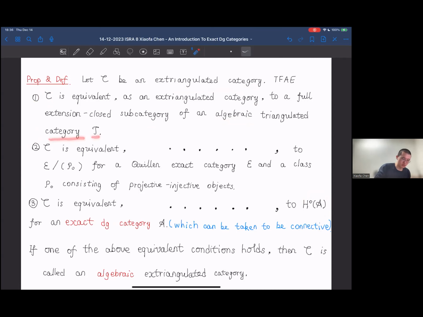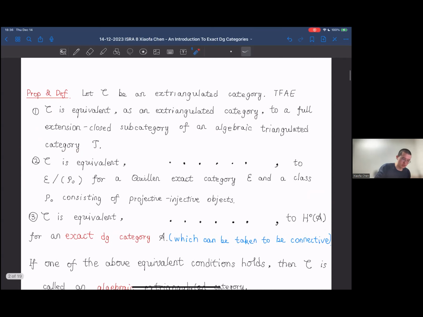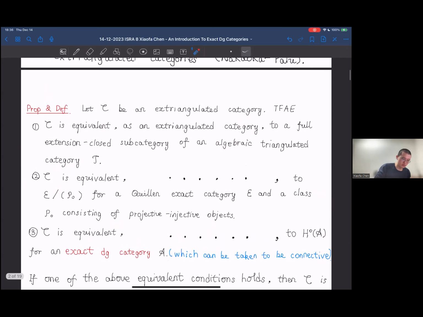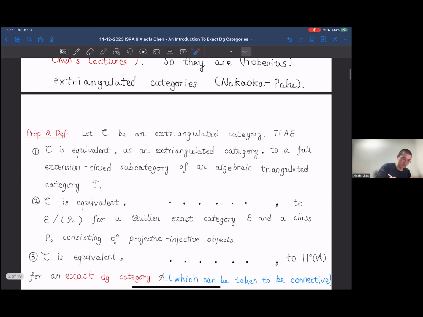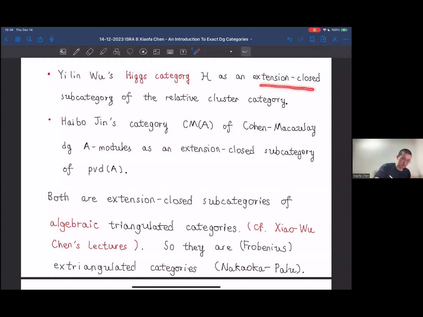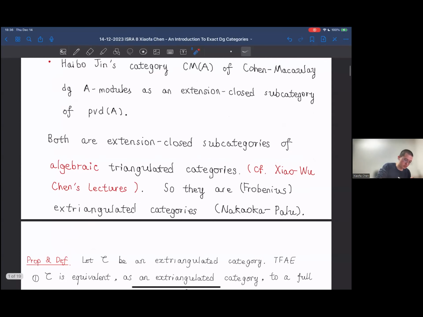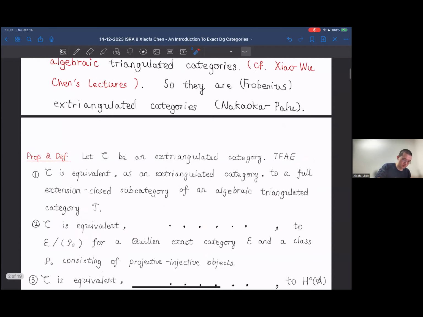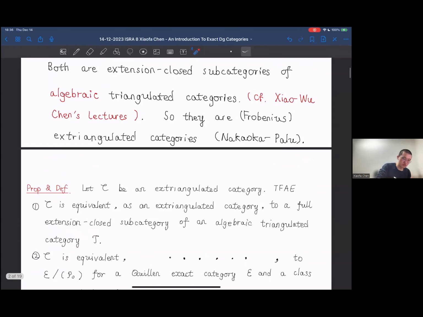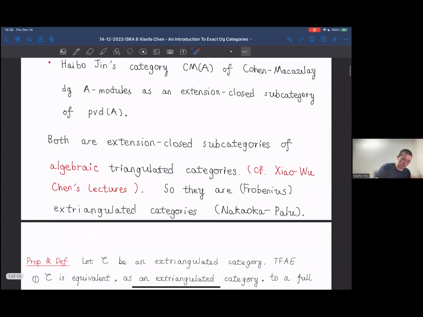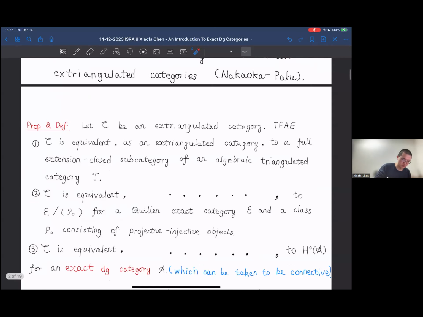So here we can go back to our two classes of examples. They both are extension-closed subcategories of algebraic triangulated categories. So by this statement, the Higgs category and the category of cohomological dg modules are both algebraic extriangulated categories.